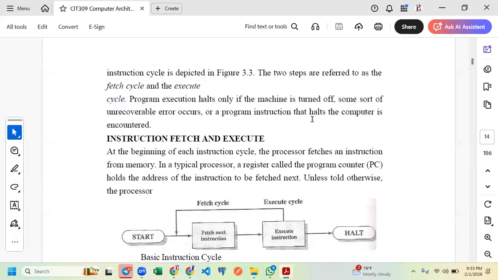You know that the system will remain hanging unless you turn it off. So it means that for the program execution, the process of the instruction you issued to the computer, to halt, that means to stop, you have to turn off the computer.